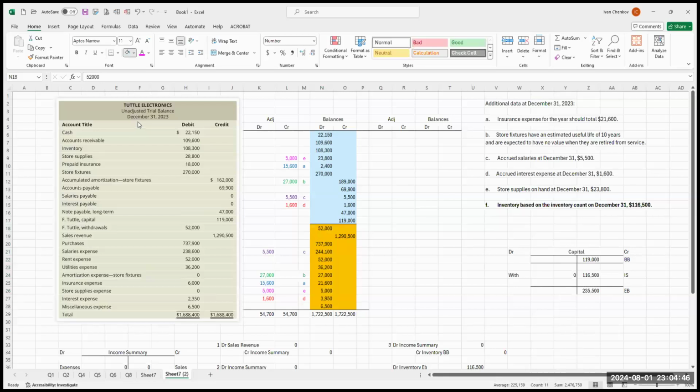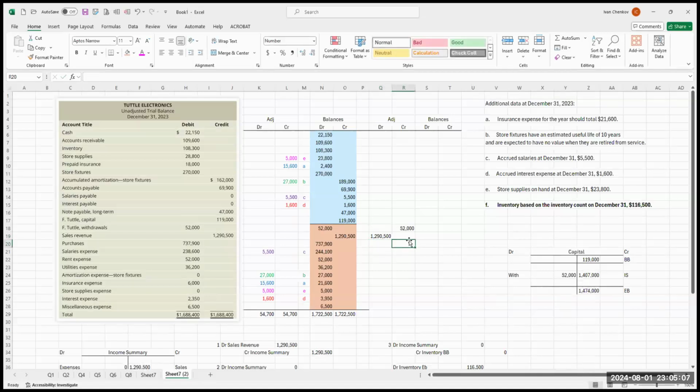How can you close it? Well, it depends on the account. If the account has a debit balance, you have to plug credit, 52,000. If the account has a credit balance, you have to plug debit, 290,500.